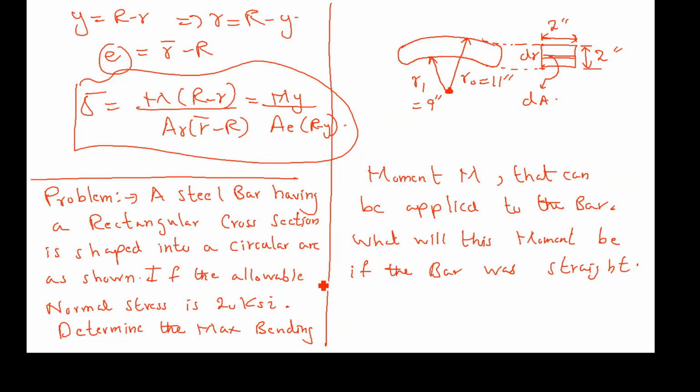So they are asking the moment value in both conditions: if this bar is straight, what is going to be the moment, and if this bar is in curved shape, what will be the value of the moment.